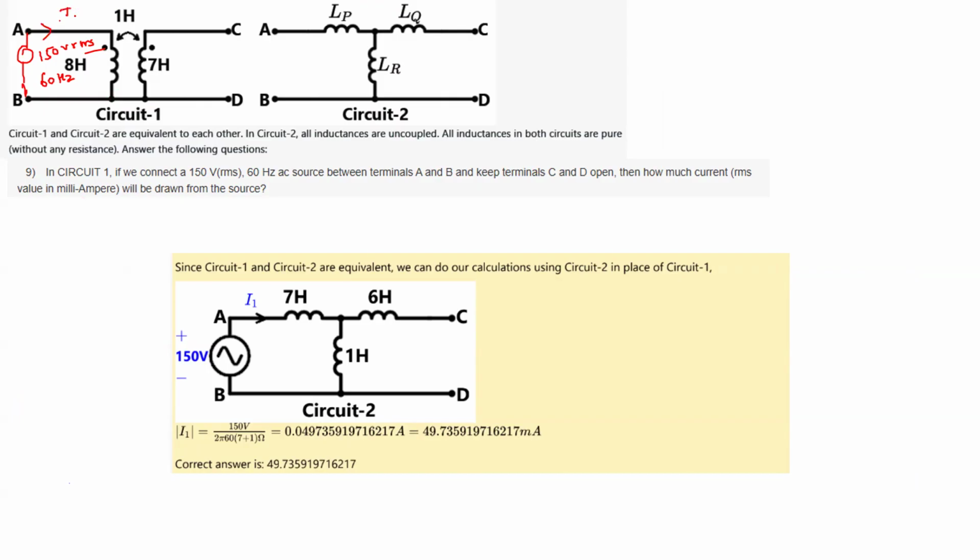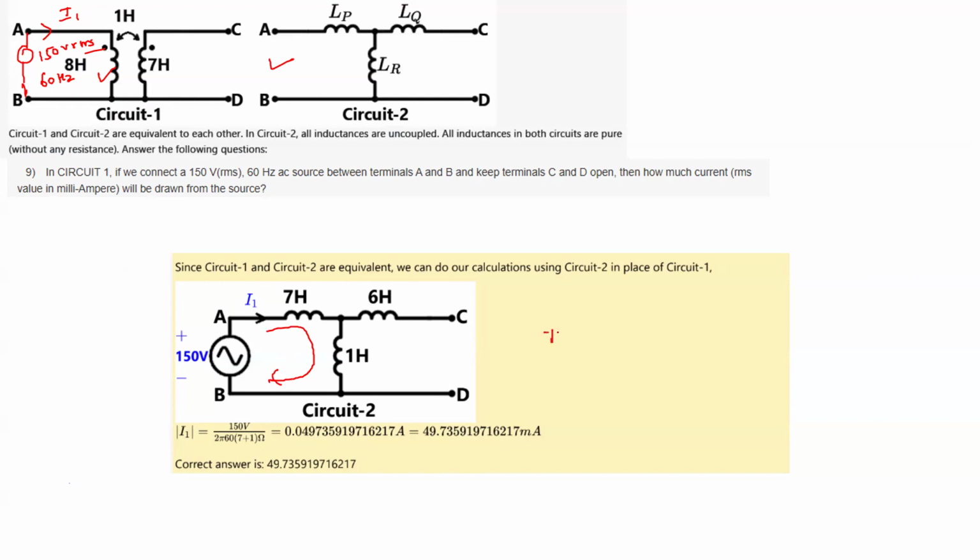So what will this I1 be? Because this circuit and this circuit are the same, you can connect this 150 volt RMS to circuit 2 also, right? This is open circuited, so current will not flow through the open circuit path, it will flow through a closed path like this.